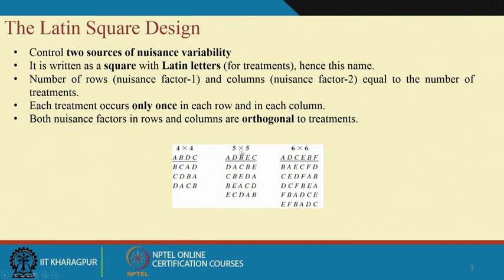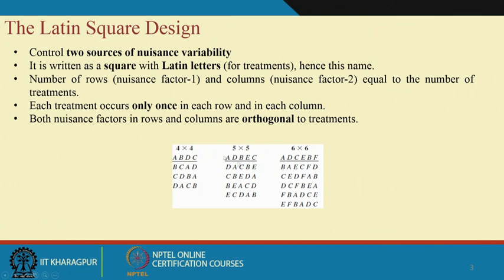If there are 5 treatments, you take 5 blocks for the first blocking factor and again 5 blocks for the second blocking factor, 5 levels, or if there are 6 treatments, then 6 levels for each of the 2 blocks. In that case you will create a square matrix where rows represent the levels of block 1, columns represent the levels of block 2, and in between the Latin letters represent the treatments. So, that is what is written here.